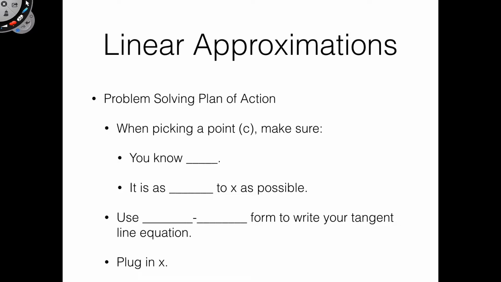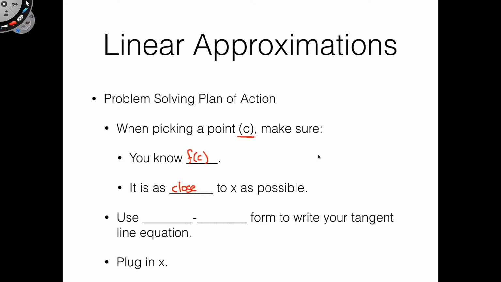Now here's the actual problem solving plan of action. The theory is all good, but here's a little bit of advice on how to solve the problems. When picking a point C, make sure you know f of C, and also make sure it is as close to x as possible. You want to get a known value as close to your given value as you possibly can.